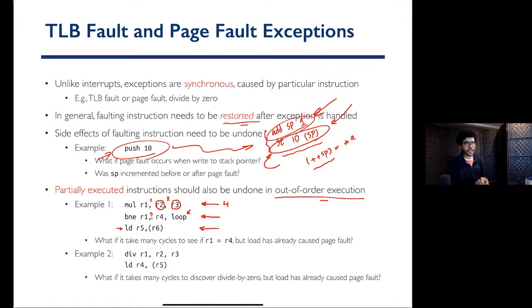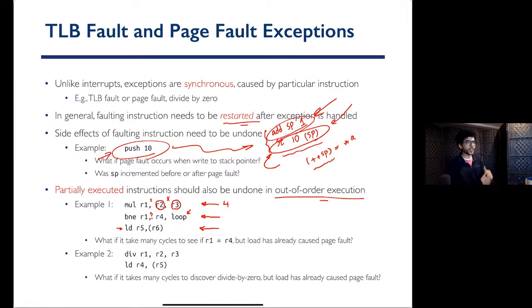So what happens is the hardware is going to predict whether or not this branch is going to be taken. I'm going to look at all the previous times that I have executed this instruction, and let's say it was always not taken.